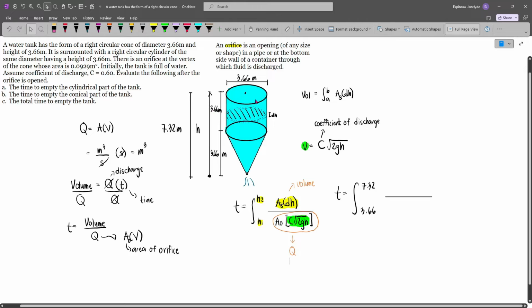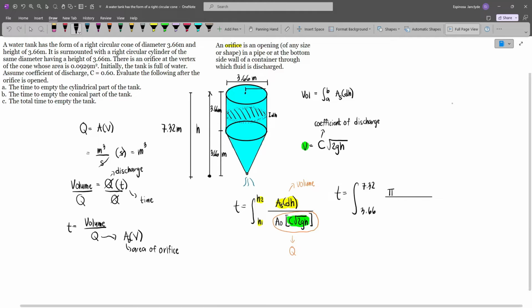Now, dito sa cylinder na part, hindi mahirap yung equation natin, kasi yung area dito is actually the same throughout this length. And so, that means na yung AS natin, or the surface area, that will just be pi r squared. Now, by the way, yung radius natin will be half ng 3.66, which is 1.83 meters. And so, this is pi r squared.